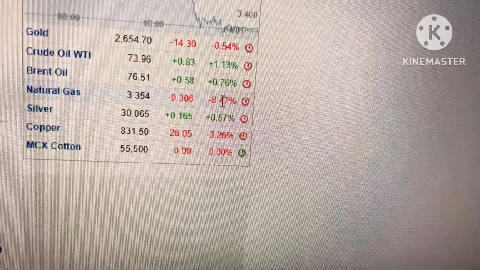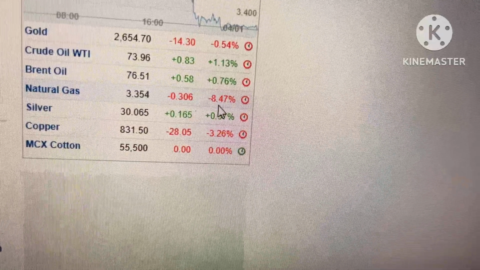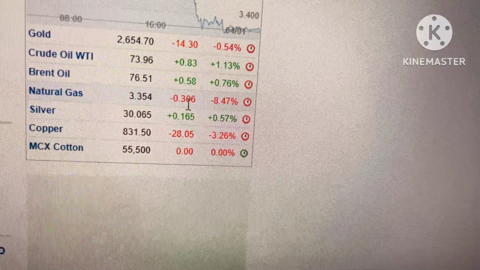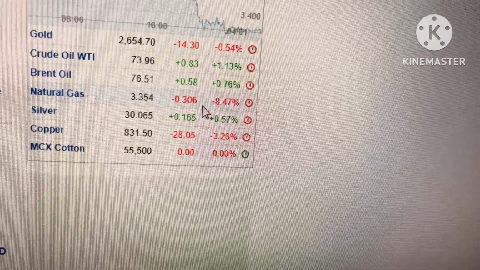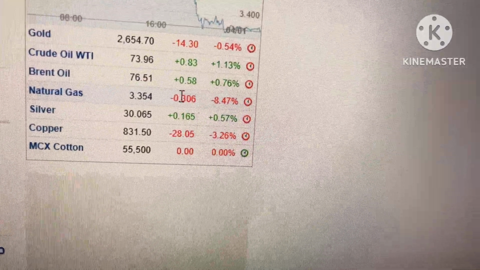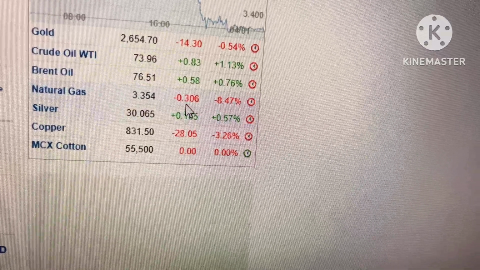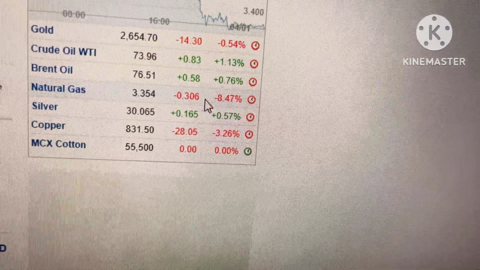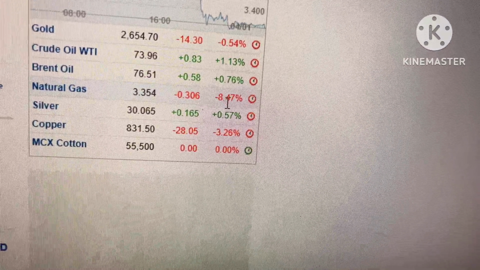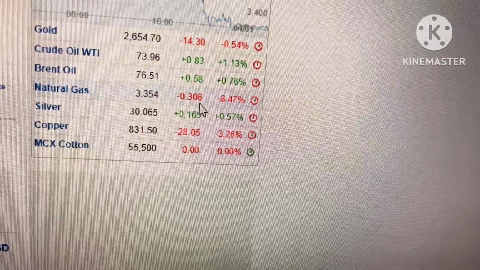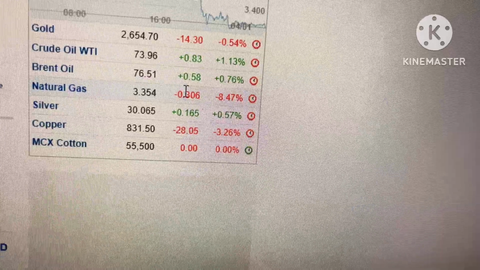Before, the supply was very less because it was minus 8.47, but now the supply has increased because it is minus 0.306. Even though it is showing in red, the supply has increased.